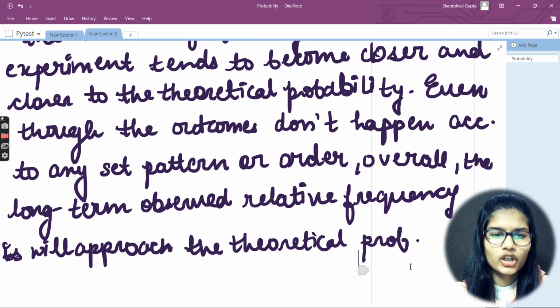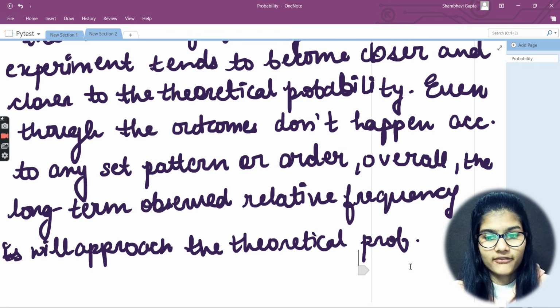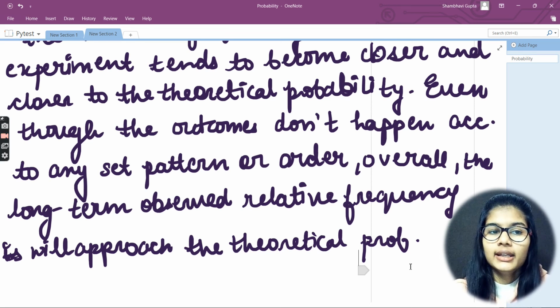If I write empirical or observed, the meaning is absolutely the same. Right here I simply used long term observed relative frequency, but instead I could use long term empirical relative frequency. Do not get confused by that.